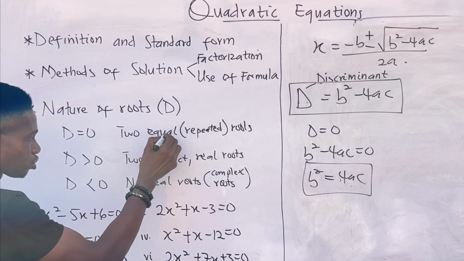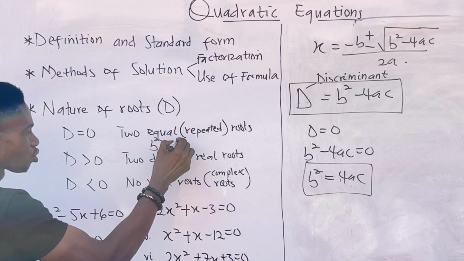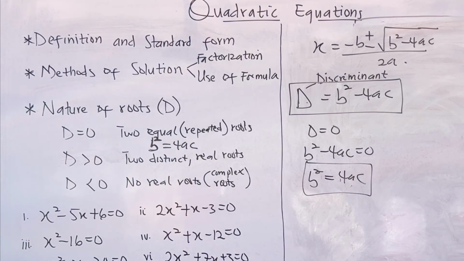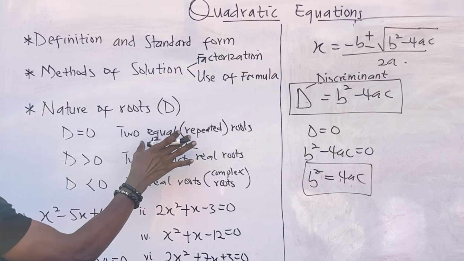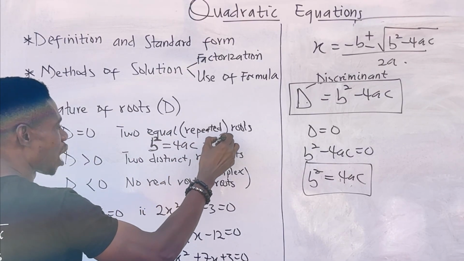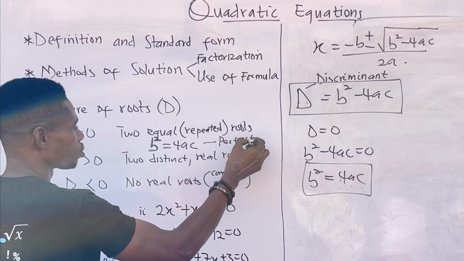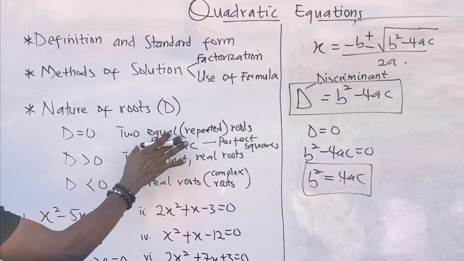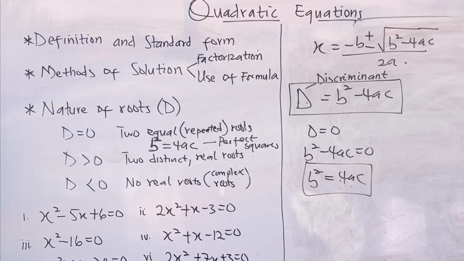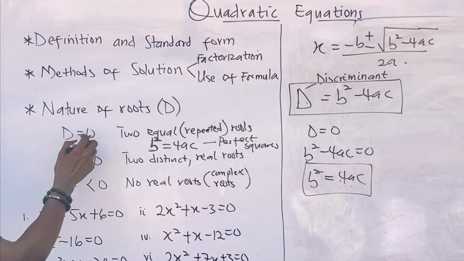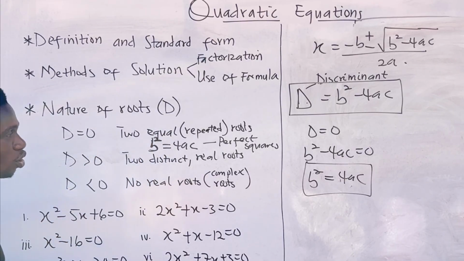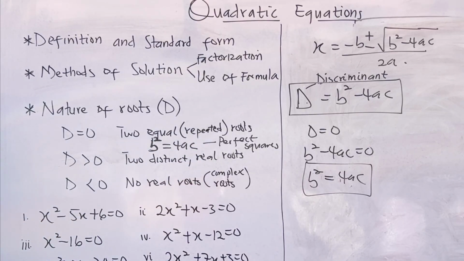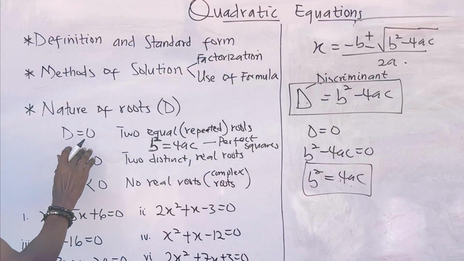For equal roots, b squared equals 4ac. This also happens for perfect squares. So if your discriminant is equal to 0, you have two equal roots, and this applies: b squared equals 4ac.